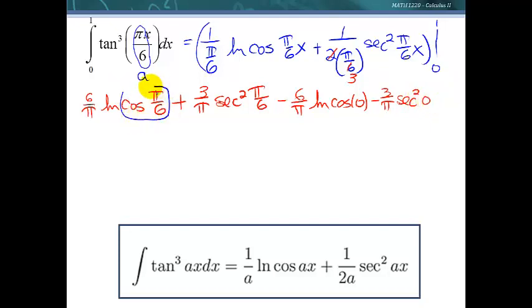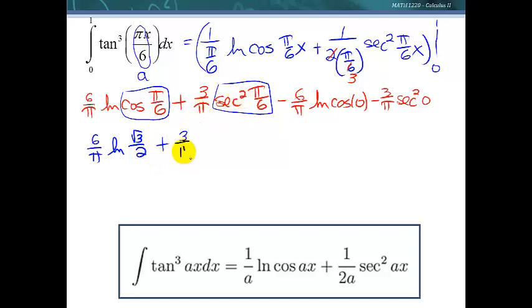Okay, so cosine of pi over 6, that's square root 3 over 2, so we've got 6 over pi natural log square root 3 over 2 plus, okay, secant squared of pi over 6. Well, secant of pi over 6 is the reciprocal of cosine, so flip this over and have 2 over square root 3, but we need to square that.